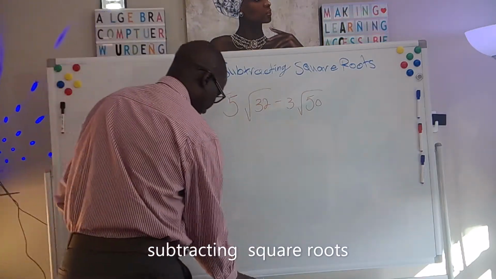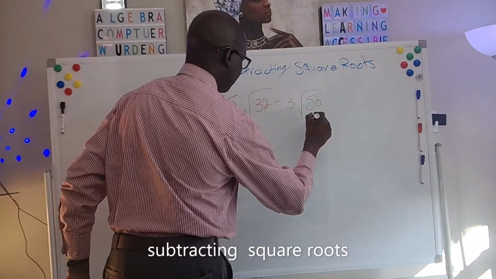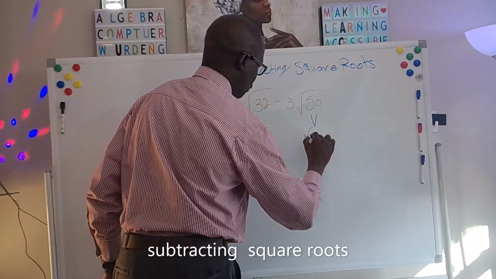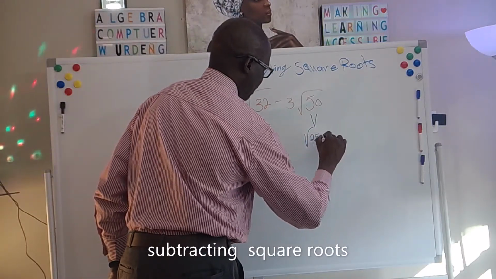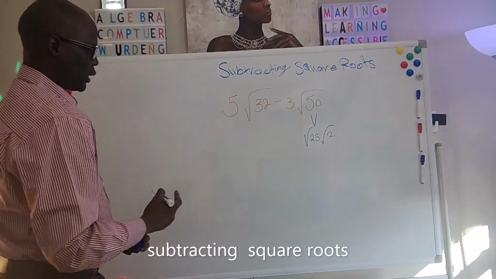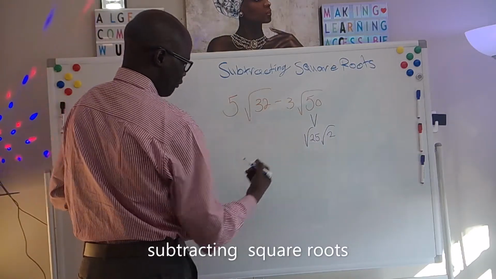As you see here, the square root of 50 is the square root of 25 times 2, because 2 times 25 is 50.